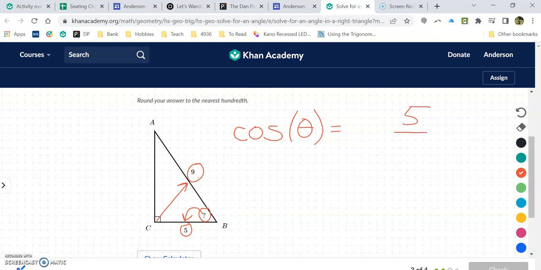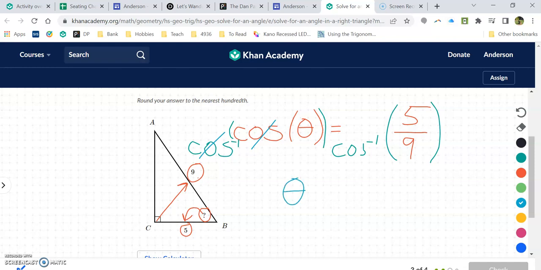Give myself some space for my inverse cosine. Now we're going to do the inverse cosine. And by design, that's gone, that's gone. We have left over our theta all by itself equal to what's right there.